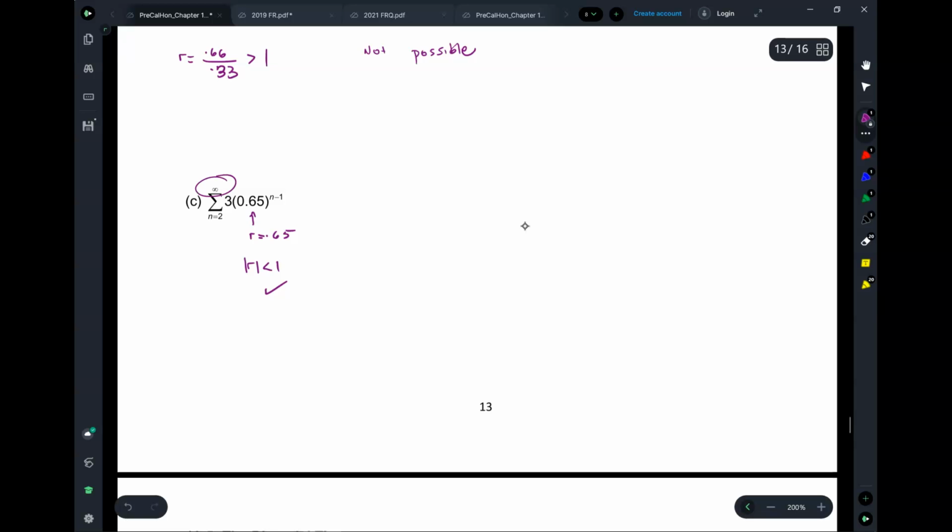And we know it's an infinite sum because it says so, so we had to check. So what's the first term? 3 times 0.65 to the power of 1? 1.95. So s is the first term, 1.95, over 1 minus 0.65. And I think that's actually 39 over 7.